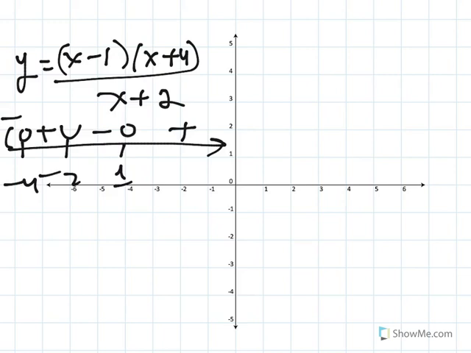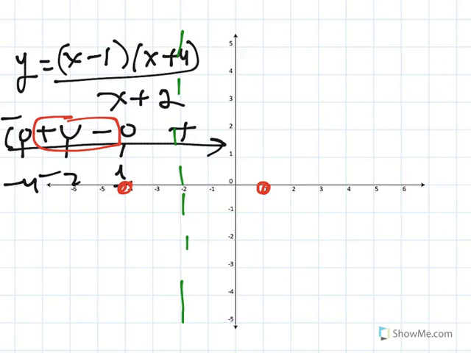So I have the asymptote at minus 2. I have x-intercepts at 1 and minus 4. And I find it really useful to do around the u.